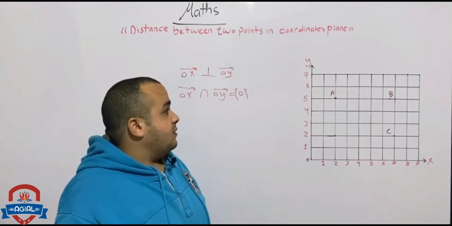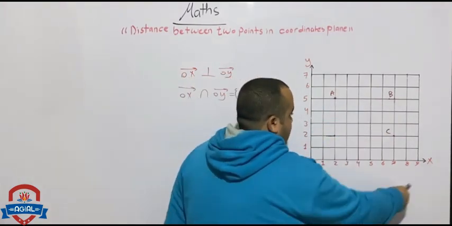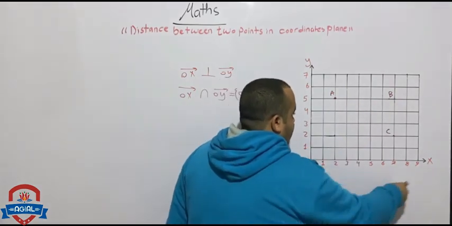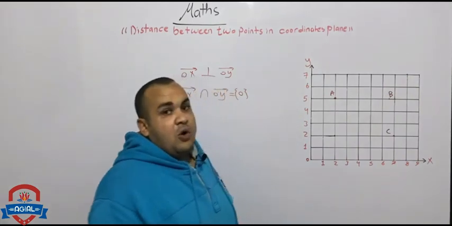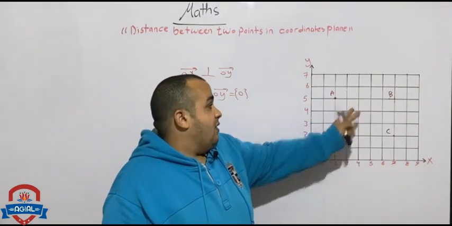But note that the line segment AB is parallel to the ray OX. So we can use the ray OX to find the length.